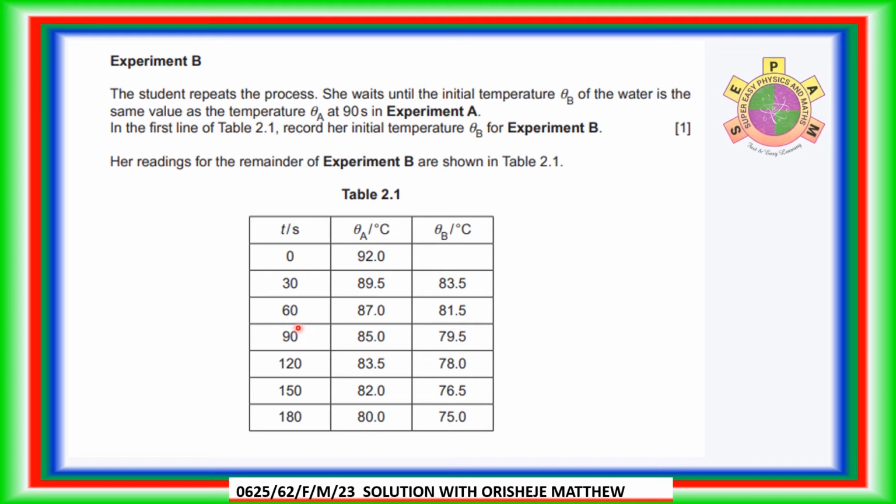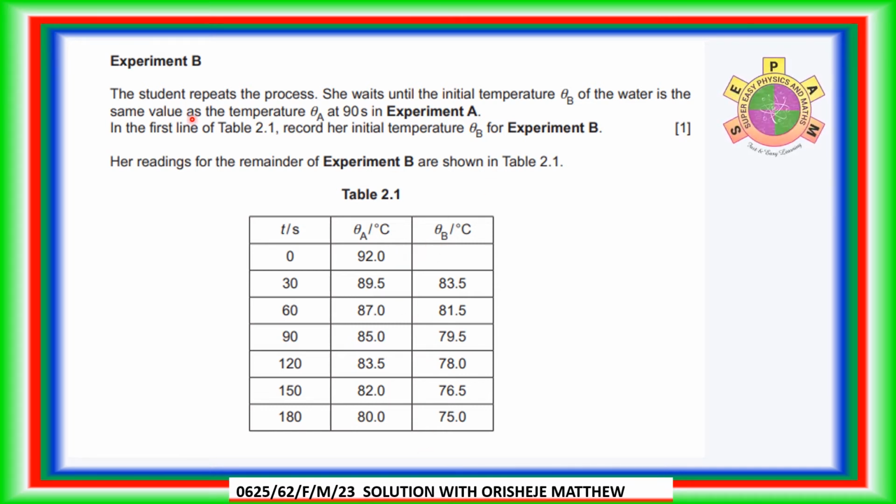After 90 seconds, it dropped to 85. Then after 180 seconds, it dropped to 80 degrees Celsius. So what is the temperature drop for the first attempt of carrying out the experiment? In 180 seconds, the temperature dropped by 12 degrees. So you can calculate the cooling rate: the temperature drop divided by the time taken will give you the cooling rate.